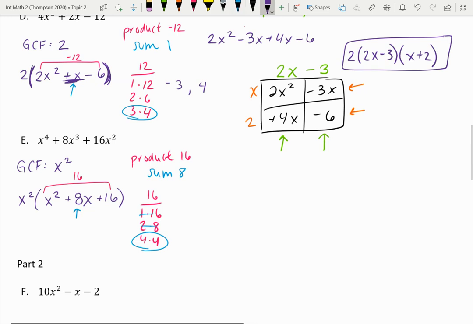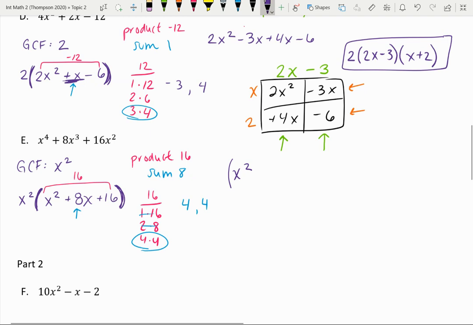So I will get 8 by having a positive 4 and a positive 4. I'm going to rewrite my middle term. So when I'm continuing on factoring, remember I'm just dealing with the trinomial.